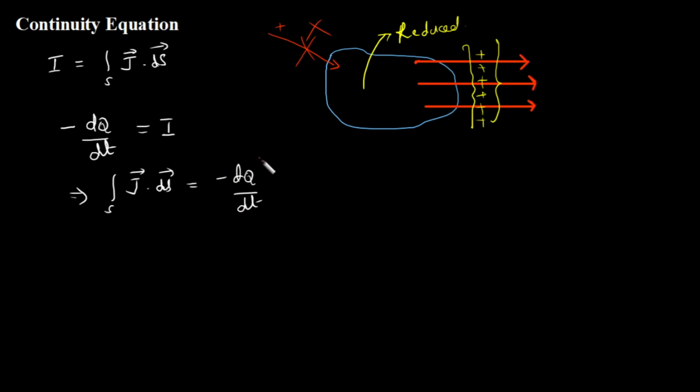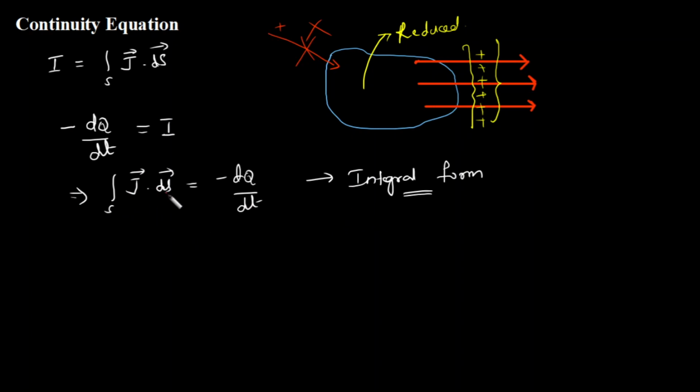This equation, surface integral J dot ds equal to minus dq by dt, is nothing but my continuity equation in integral form. It is necessary for you to remember this equation. It's a very important, very significant equation. So now we have the integral representation of the continuity equation.